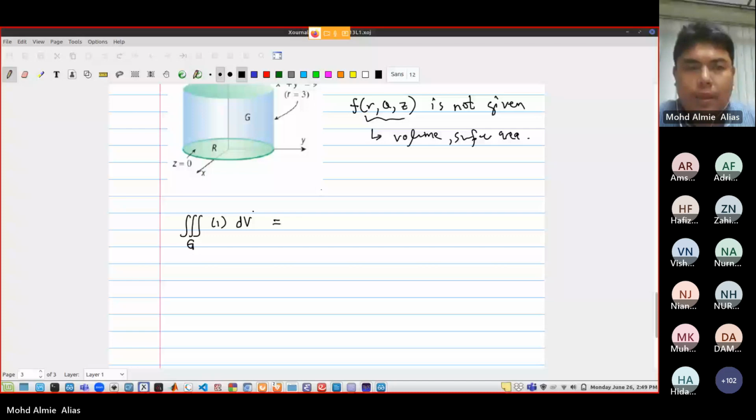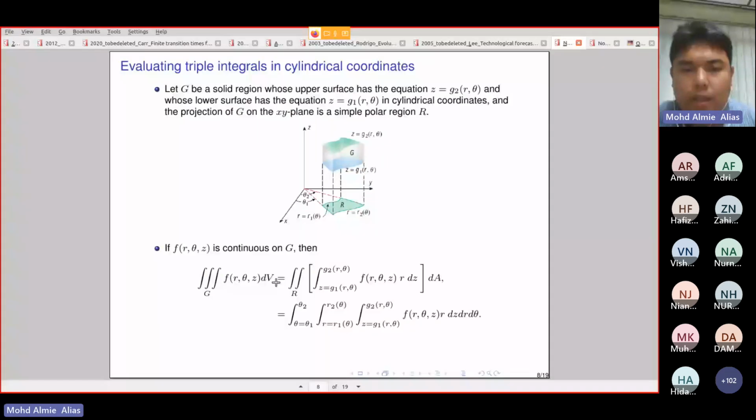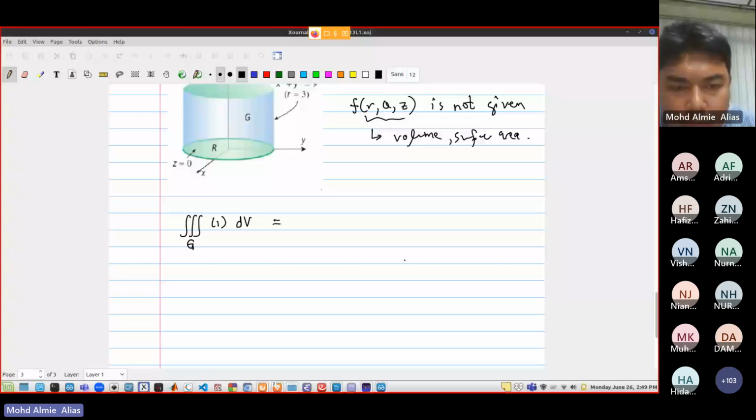In order to solve over G, you decompose G into the base, which is R, and the height, which is the z component. So now you have a double integral over R, and you write the bigger square bracket here. Here you have the integral of 1 dz.